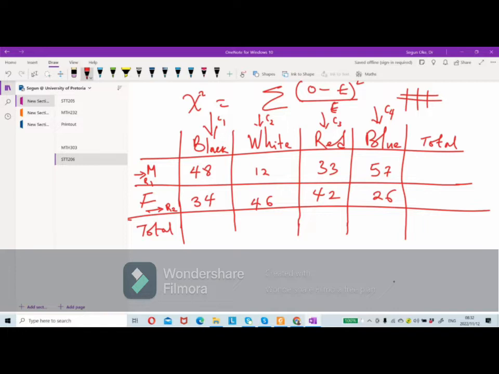That is, row 1 will be 48 plus 12 plus 33 plus 57. That is row 1. What is the total? 150. Yes, sir. Do we all agree? Okay. Row 2 now: 34 plus 46 plus 42 plus 26. 148. Thank you. Now, let's do column 1. Column 1, 48 plus 34: 82.